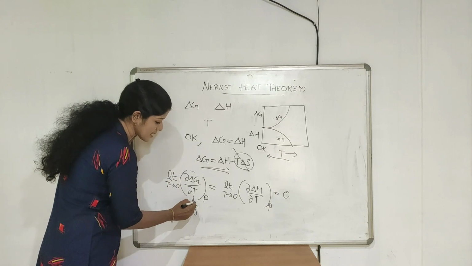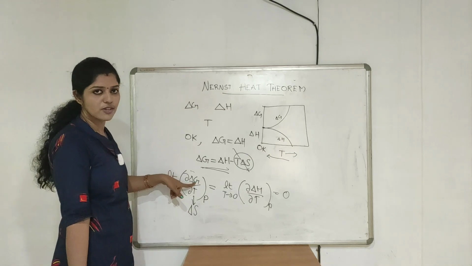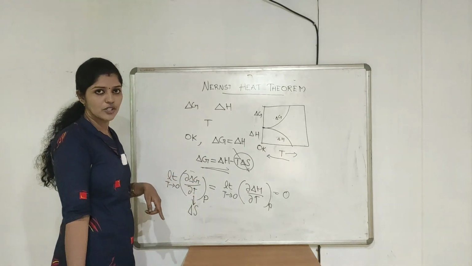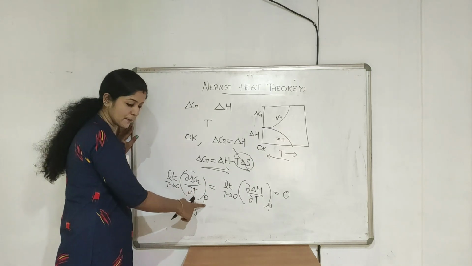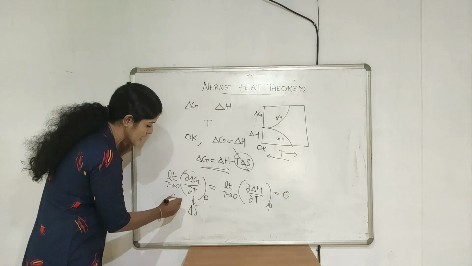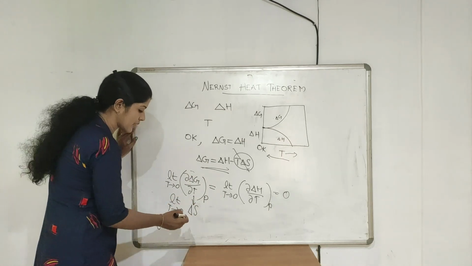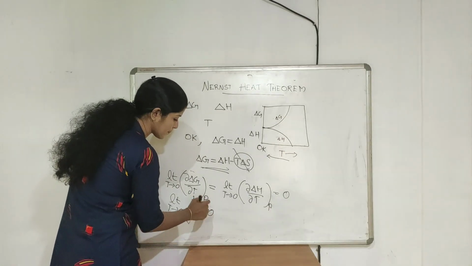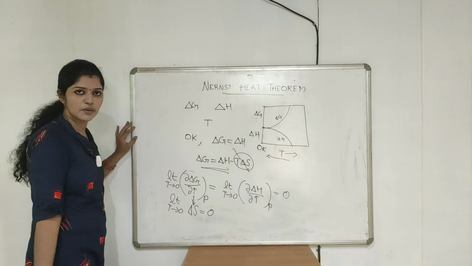So this term is equal to delta S. In that we have already derived dou delta G by dou T at constant P is equal to delta S. So I can rewrite this equation as limit T tends to 0, delta S is equal to 0, because this term is equal to 0 and this term is equal to 0. So I can write it individually also.